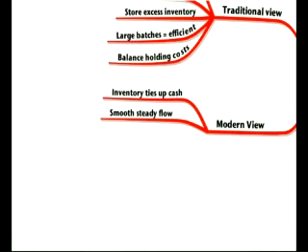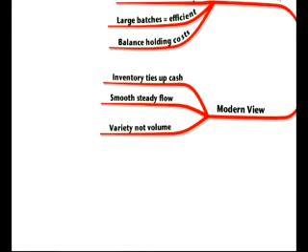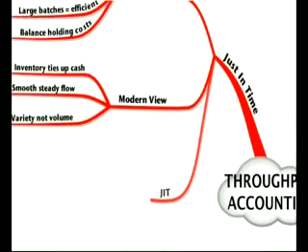You want a smooth, steady flow of products through your production line, so that inventory doesn't build up at different processes throughout your line. You're looking now for variety, not volume. So think back to ABC, and we talked about how production has now changed. People want a variety of products. They're not just interested in the same product. They want variety, not volume.